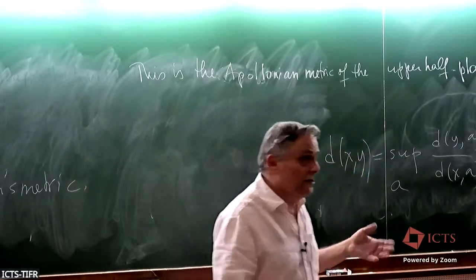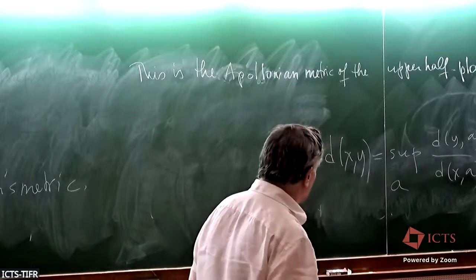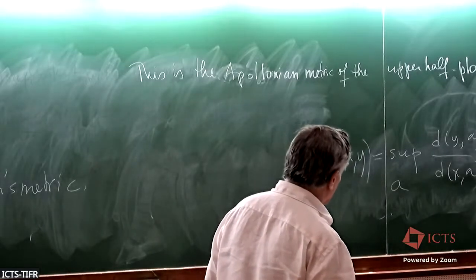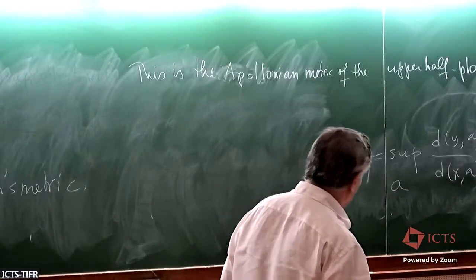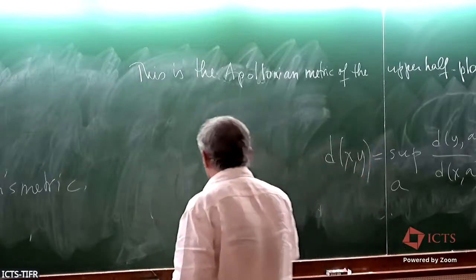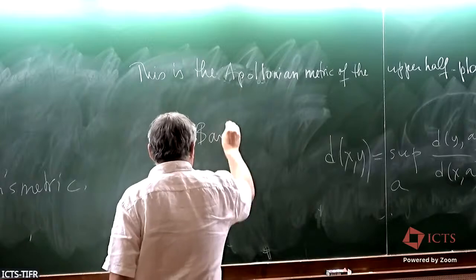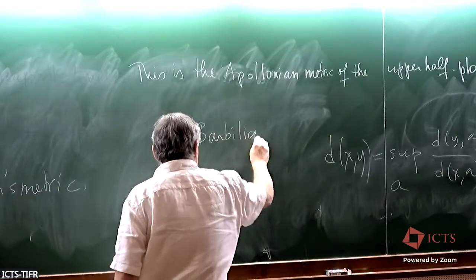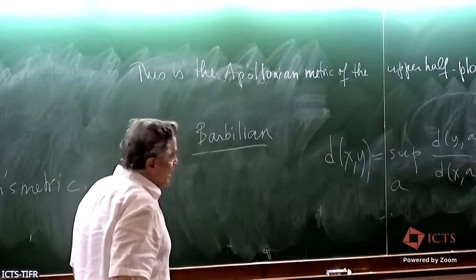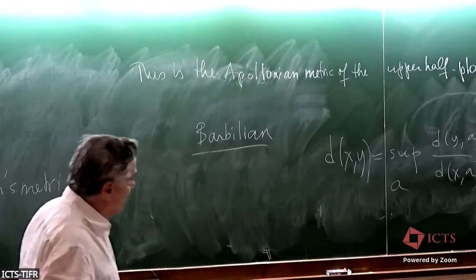This is a metric which was studied more or less by people doing geometry. Some people, after we wrote this paper, somebody told me we should call it the Barbilian metric because it was studied by Barbilian.